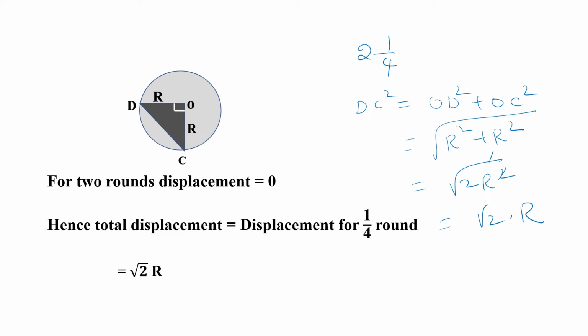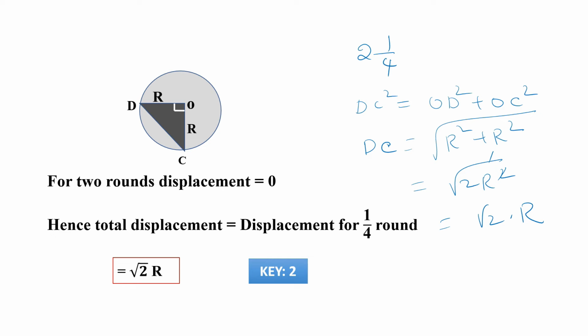So for 1 by 4 revolution, displacement is root 2 into r. So this is displacement. Here total displacement is equal to displacement for 1 by 4 round. So the answer is root 2 into r. Option 2 is correct. So second option is correct.